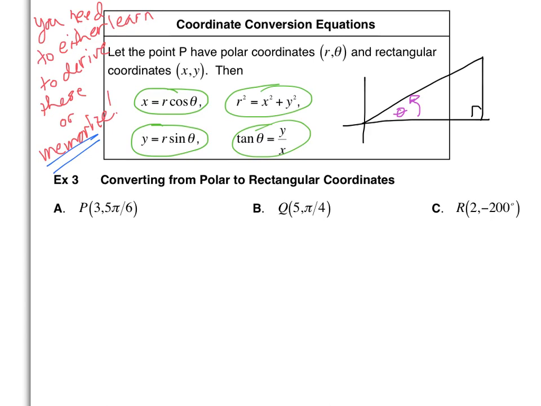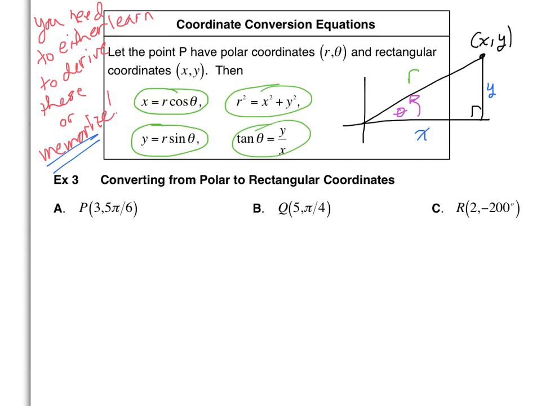And then R represents this point here. And then this, of course, is our XY coordinate, which means that this would be our X value and this would be our Y value.